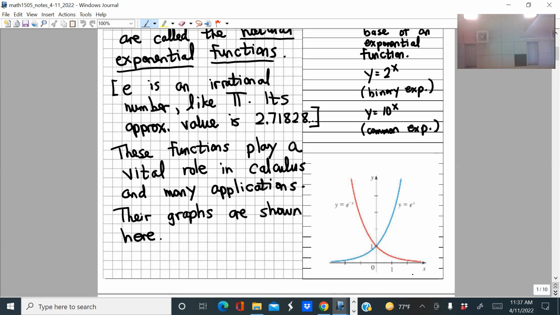Okay, and again, these functions play an important role in calculus for theoretical reasons, but in applications, notice that the natural exponential function is increasing, right? It's growing. It's not growing at a steady rate, obviously, because if it were growing at a steady rate, what sort of curve would you get?